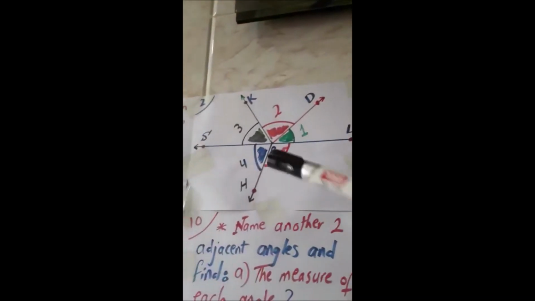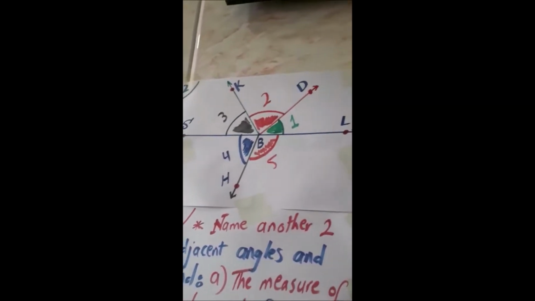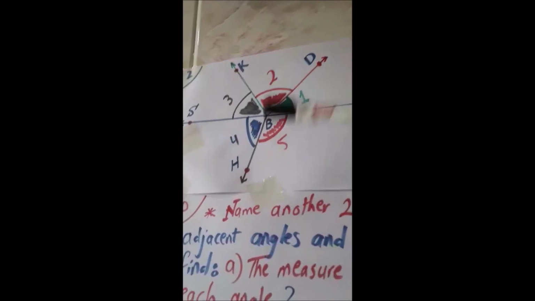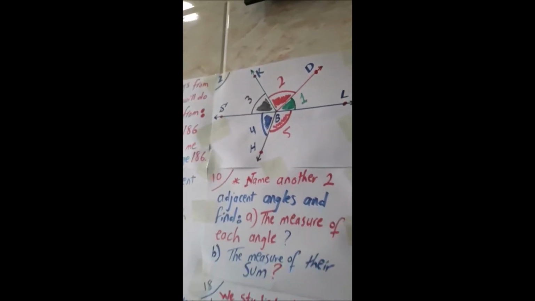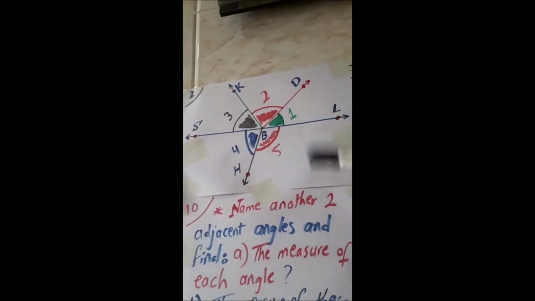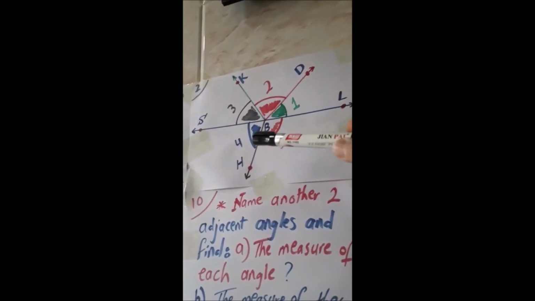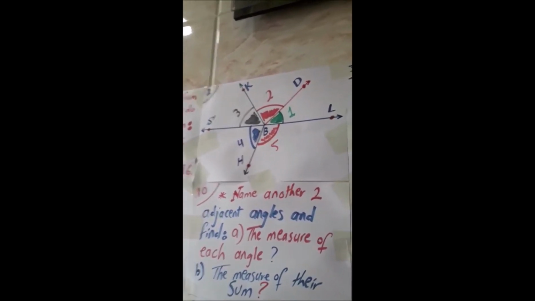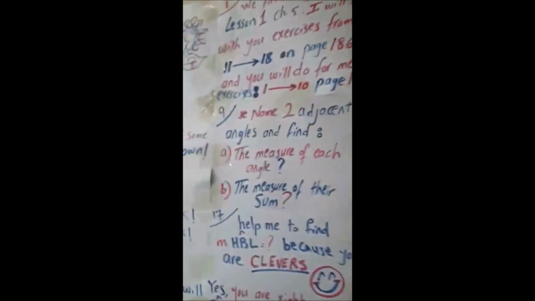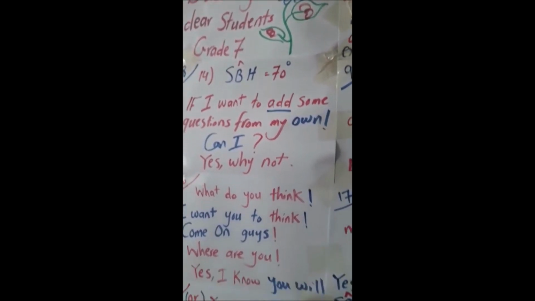Yes, guys, SBH and HBL are adjacent supplementary angles. So they are adjacent, and at the same time their sum equals 180. This fact will help us to find the measure of HBL, because we already know the measure of SBH is 70.